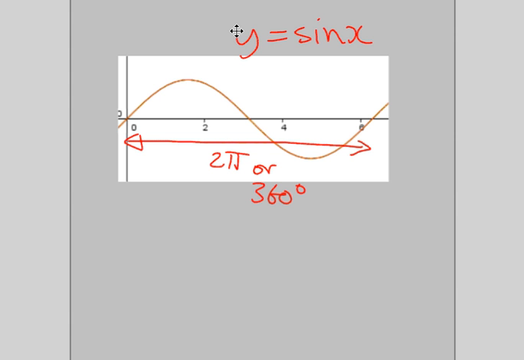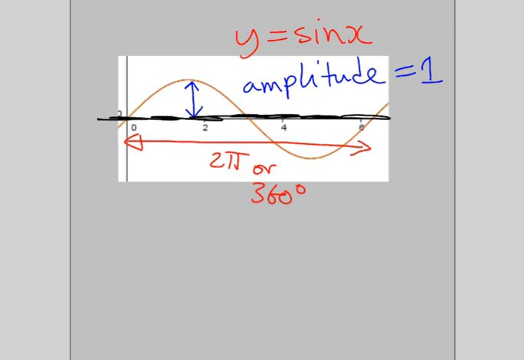That's the length of the cycle, and this dimension we call the amplitude, which is 1. And today we're going to be calling this line in the middle, so to speak, the principal axis.